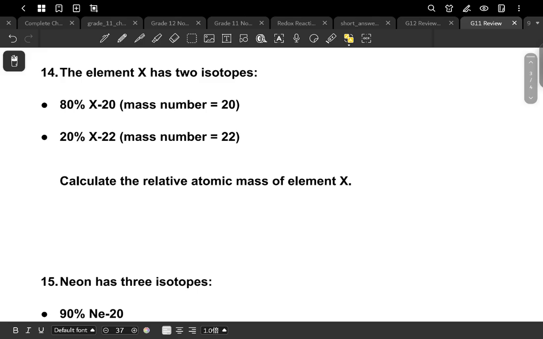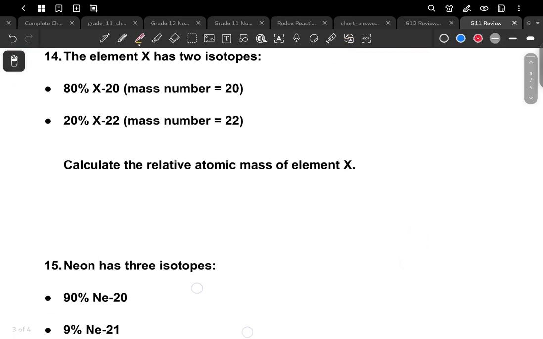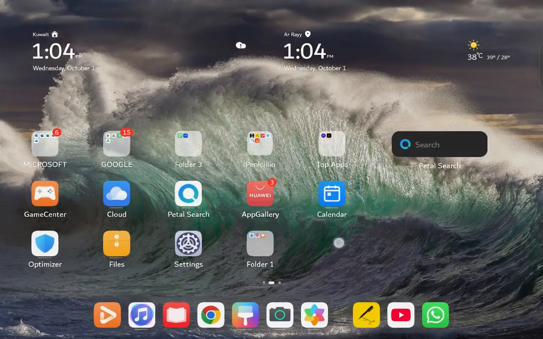In this case, in order to calculate the relative atomic mass of element X, I'm going to say that Ar of the element X equals 80, the first percentage, multiplied by the mass number, which is 20, plus the percentage of the second one, which is 20%, multiplied by the mass number of the second isotope, which is 22, and you divide this by 100. Let's write this down on the calculator.